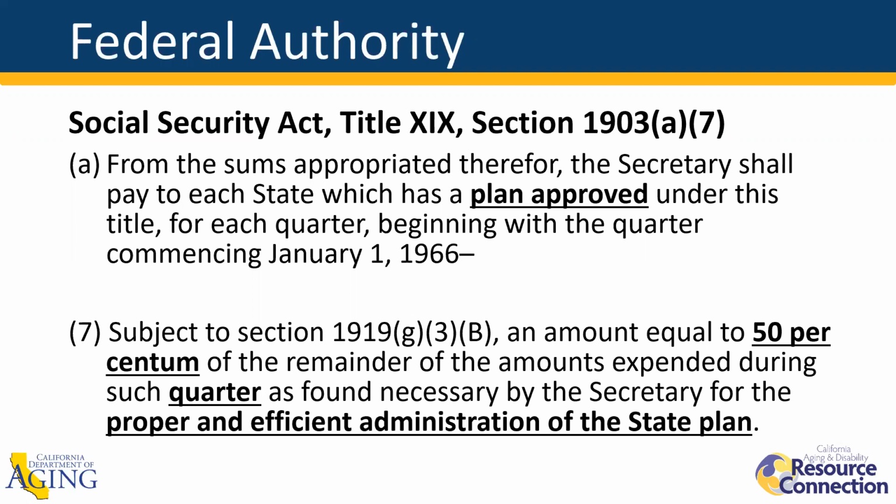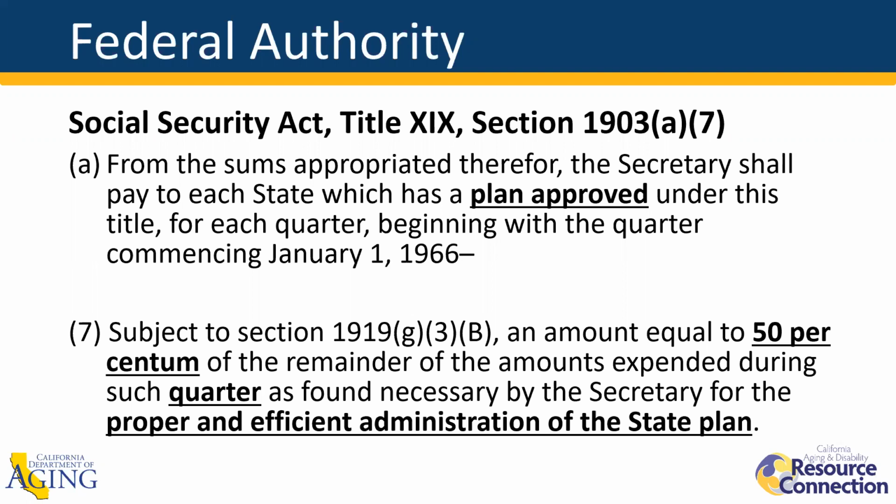And now the trickiest part, how do we know what activities or state expenditures actually qualify for this 50% reimbursement? Well, according to the statute, only activities found necessary by the secretary for the proper and efficient administration of the state plan. So it's pretty vague and it's also pretty broad.